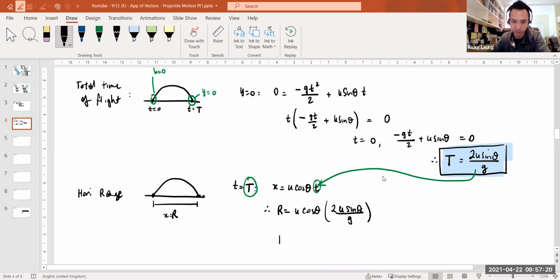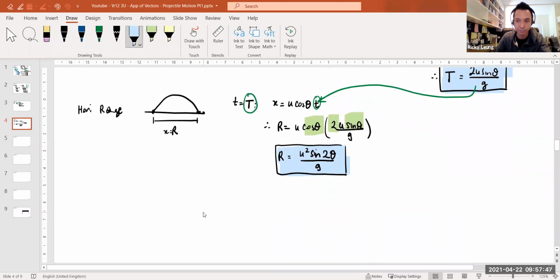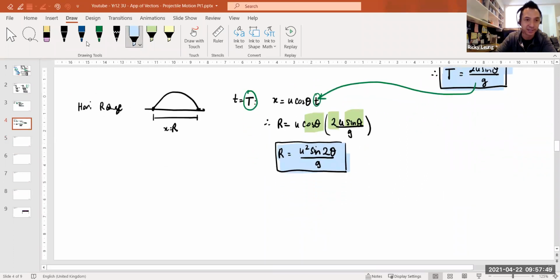Now, hopefully you guys are on top of your trig double angles. 2 sine cos is the double angle of sine, and then there's u squared on top as well, so it'll be u squared sine double angle on g. Is that okay? Pretty straightforward. Last but not least, the maximum height, or vertical height attained.